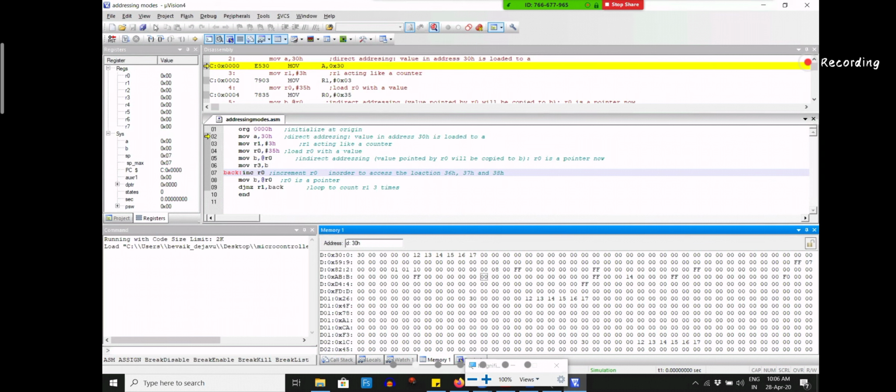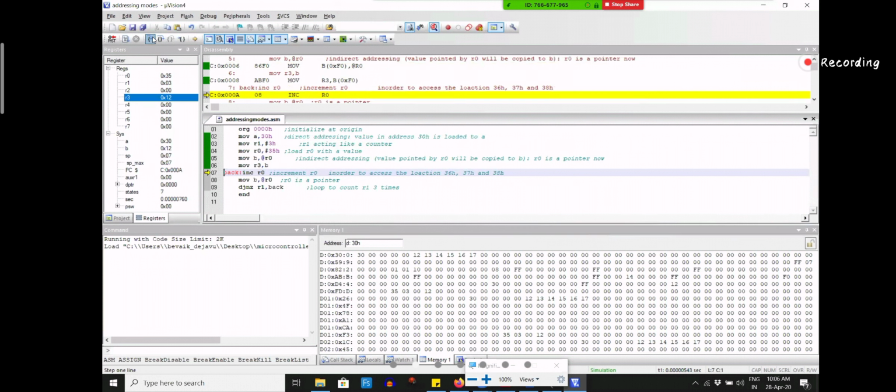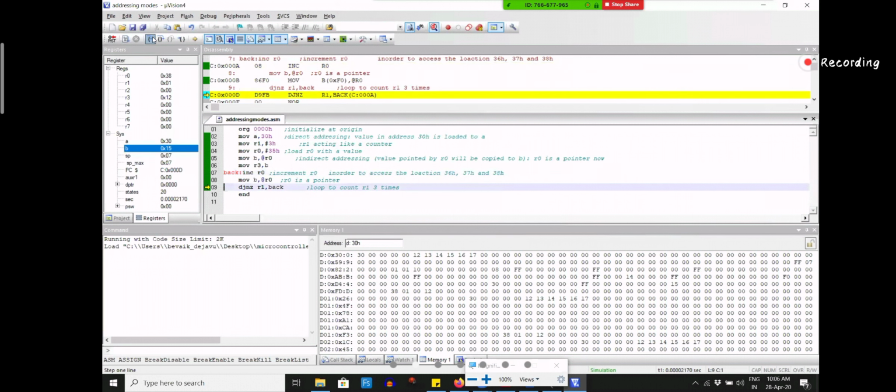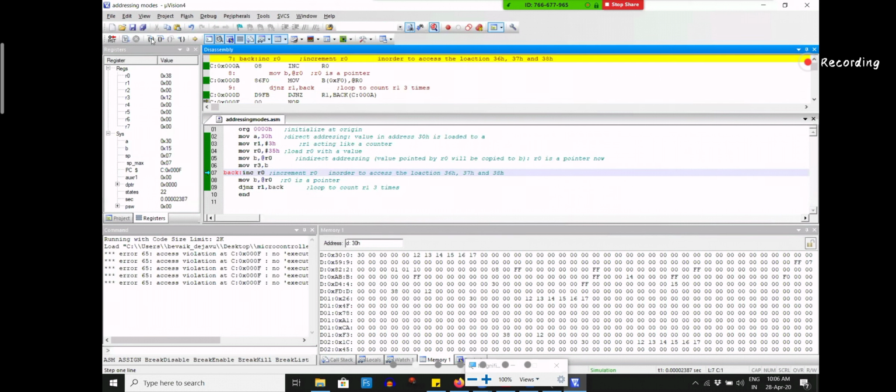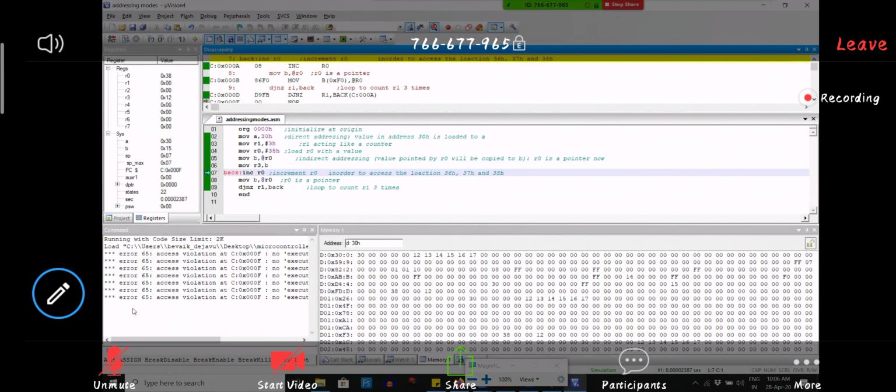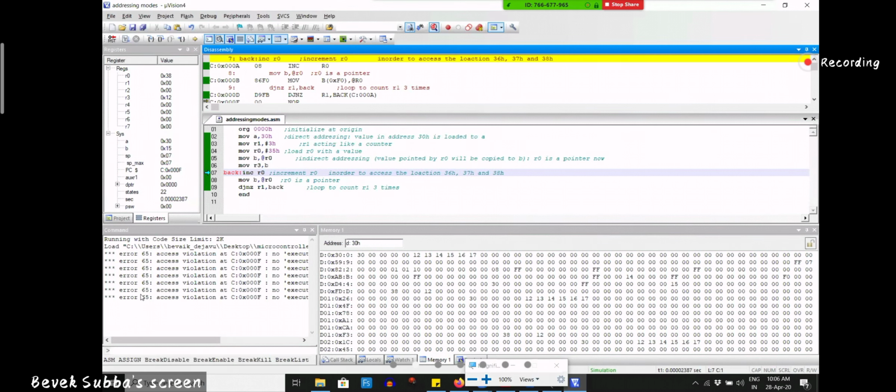Okay, moving. R1 has gone to 0. So after some time it has gone to 0. It went through till 15, but the R1 value has gone to 0. Remember, that's why the program has ended.